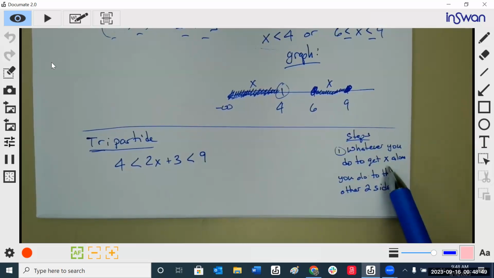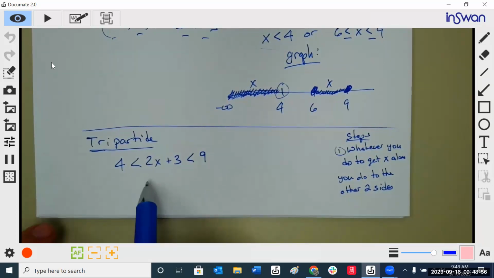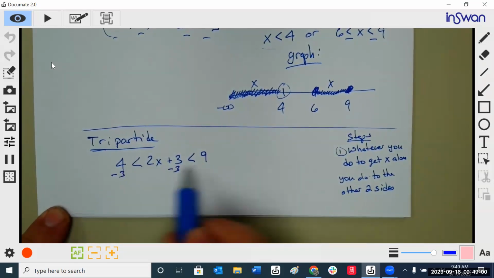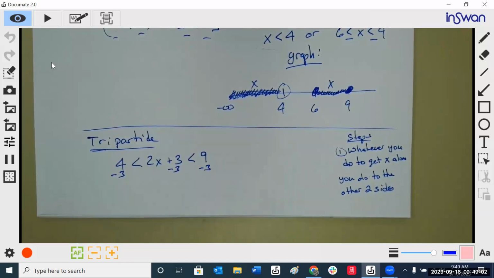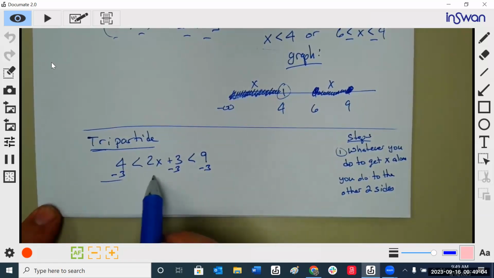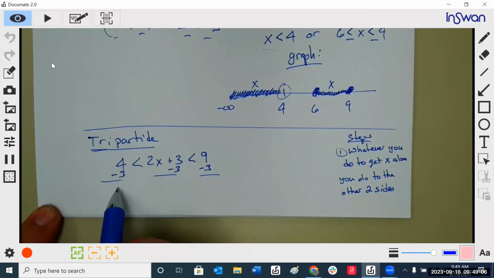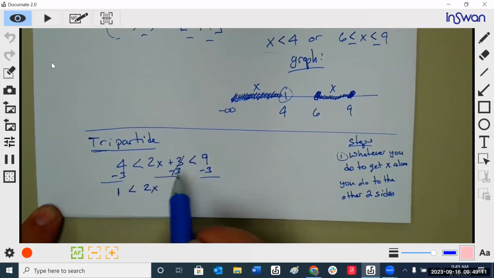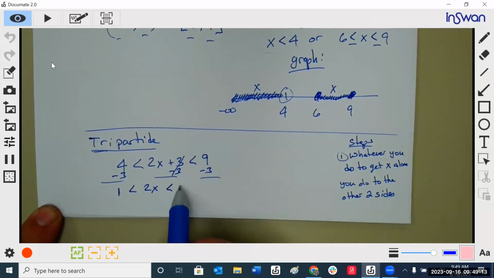Remember, whatever you do to get the X by itself, what's the first thing you have to do? Yeah, because X is in the middle, so you subtract 3. I have to do it everywhere now. Four minus 3 is 1. 9 minus 3 is 6.